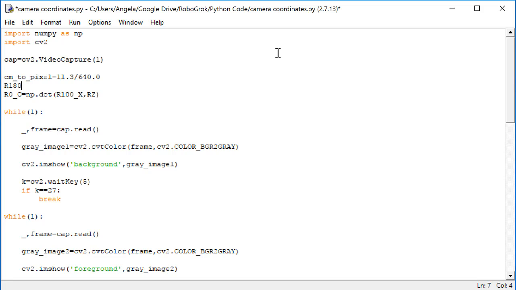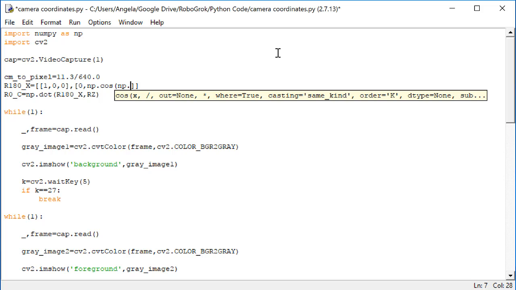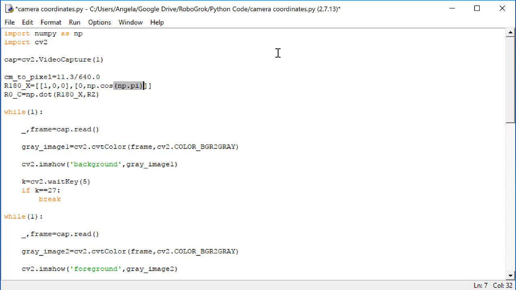Now let's put in those other two matrices up here. The rotation of 180 degrees around X is equal to, I'll make one set of square brackets for the whole matrix and then another set of square brackets for the first row. And the first row is 1, 0, 0. Then the second row is 0, the cosine, np.cos of 180.